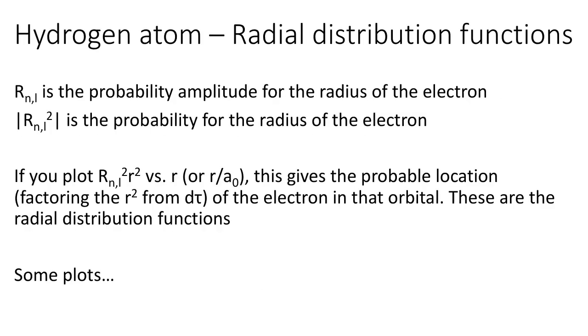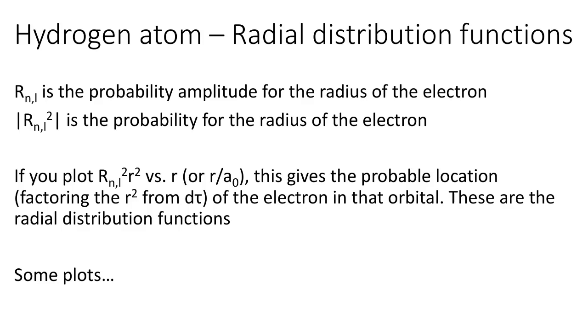These are just like any other wave function. They're just the radial part of the wave function. So R is the probability amplitude, and R squared is our probability. This is all from the definitions of quantum mechanics. But maybe the most useful, if we're interested in the location of the electron with respect to the nucleus, is the radial distribution function.